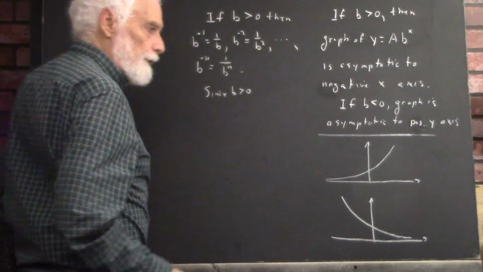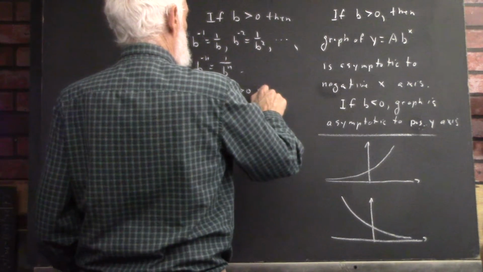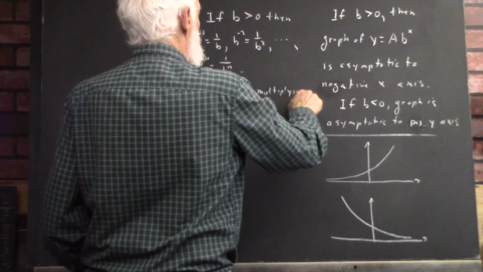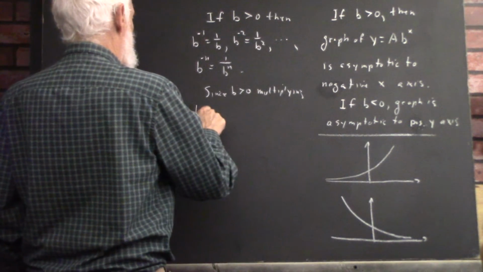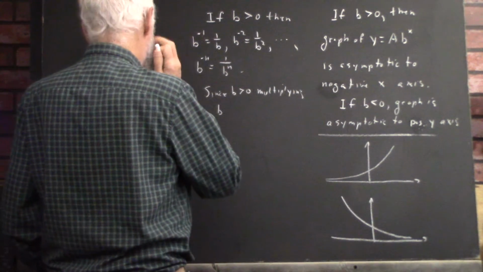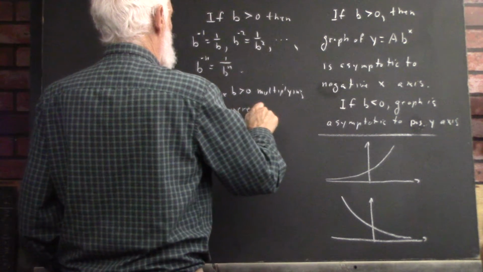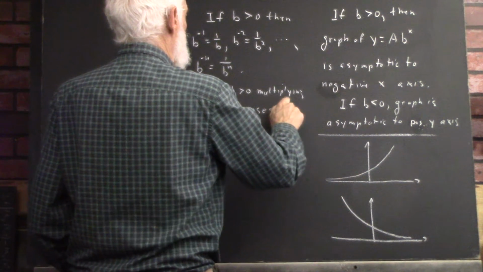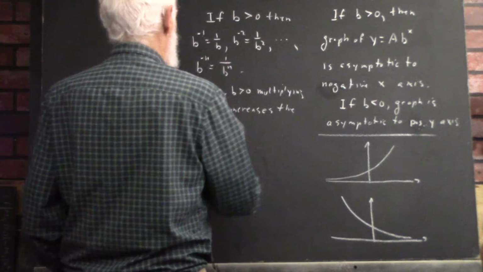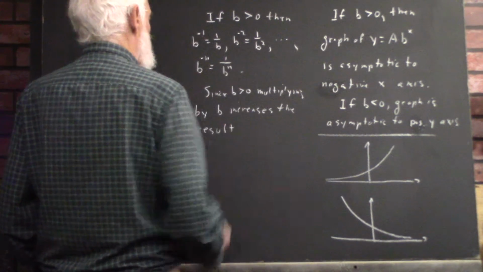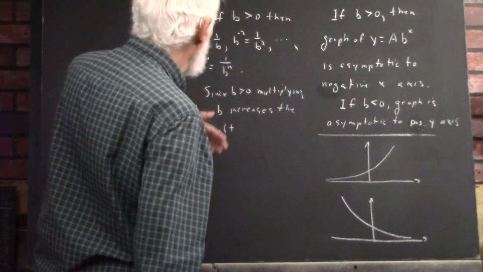Since b is positive, multiplying by b increases the result.